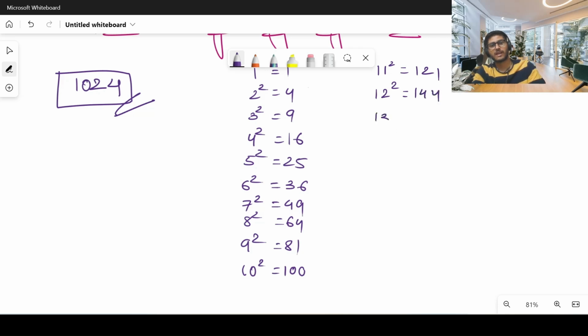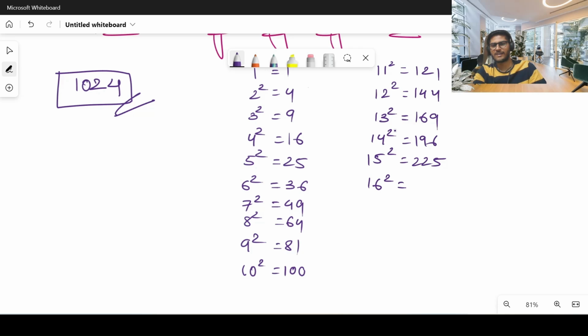And one more important thing, guys. The squares from 1 to 20 you have to remember. Okay, that's a must. Square of 13 is 169, square of 14 is 196, square of 15 is 225, square of 16 is... come on guys, can you find the square of 16 in your mind in less than 10 seconds?